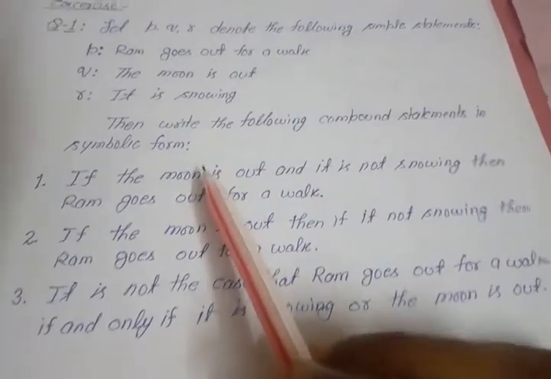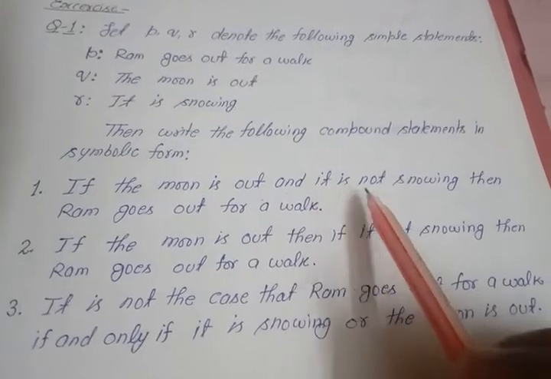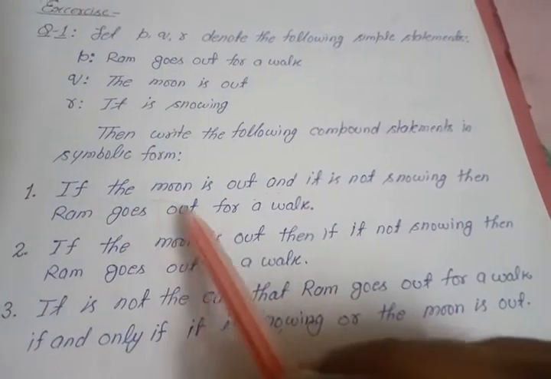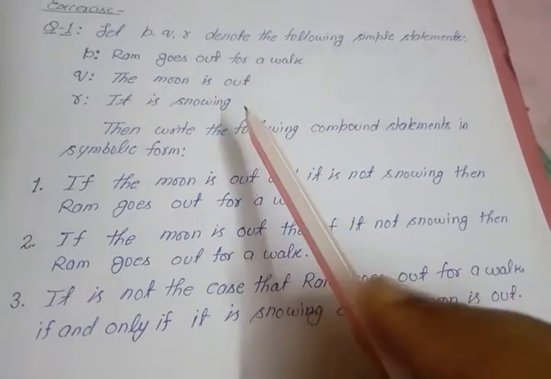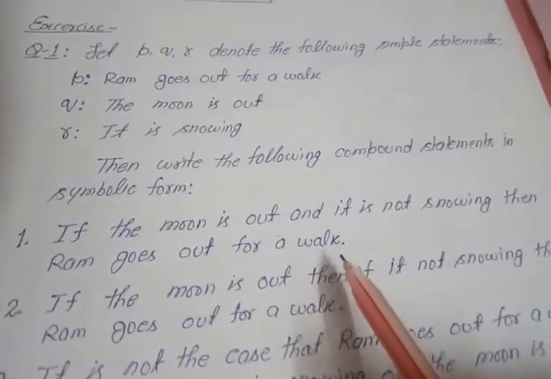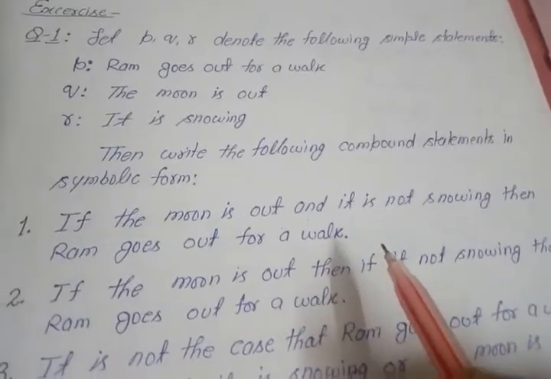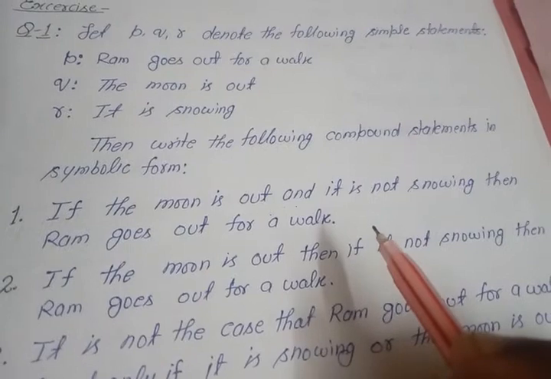In the first problem it is given: if the moon is out and it is not snowing, then Ram goes out for a walk. Here all three propositions are used and we have to diagnose which statement is connected to the other statement by which connective.